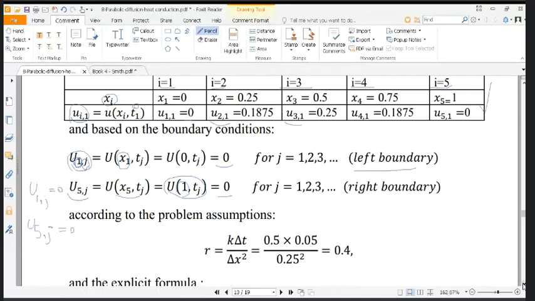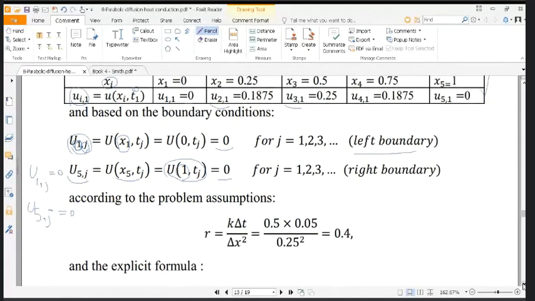Okay, we have r equal to k times delta t over delta x squared. The problem says you can put k as 0.5, delta t as 0.05, and delta x as 0.25, and this value should be squared.